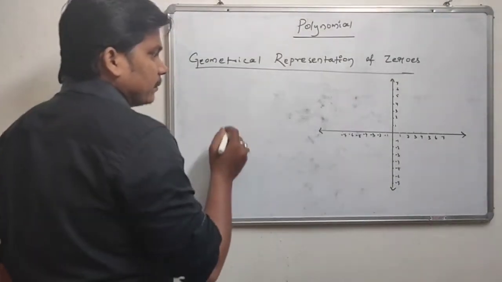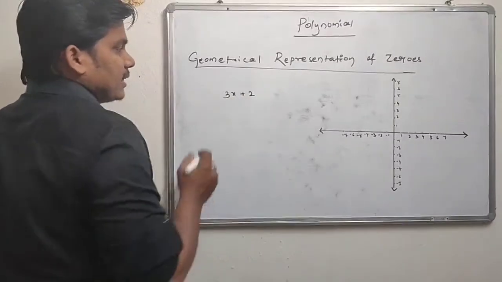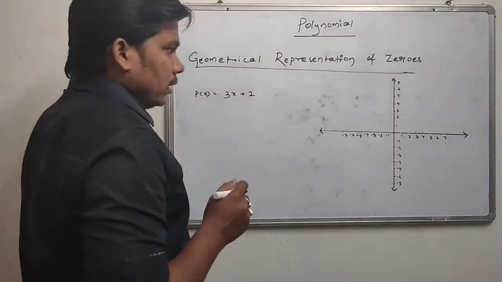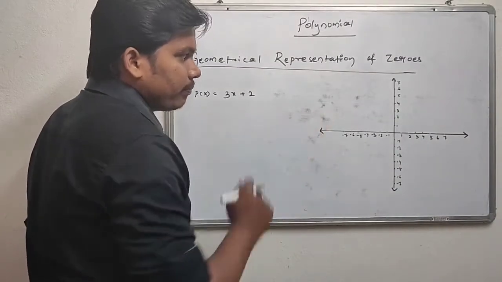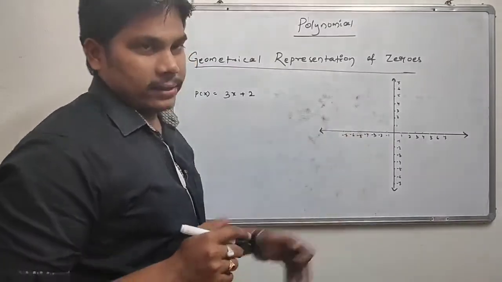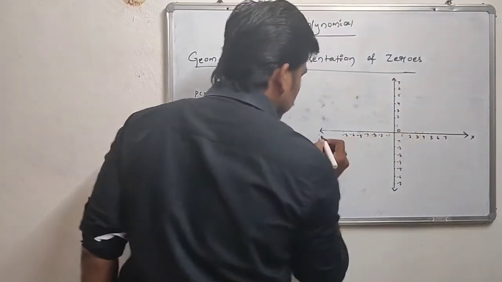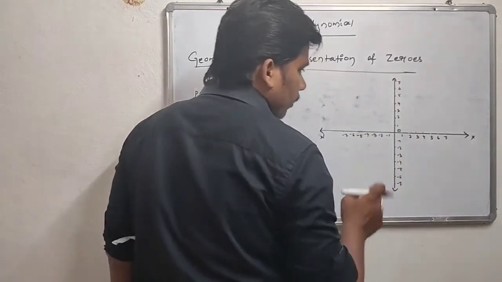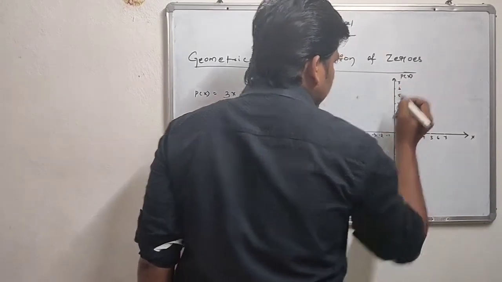Now I will take an example: the polynomial p(x) = 3x + 2. I want to express this polynomial in coordinate geometry format, in the plane where the x-axis is x and the y-axis I will represent as p(x).